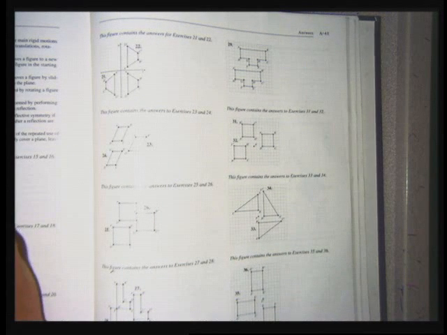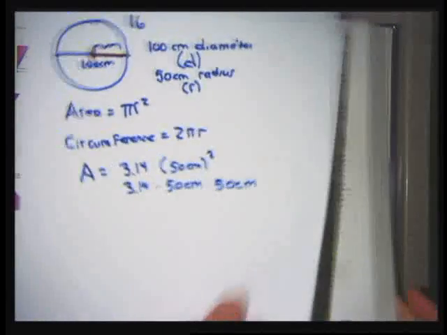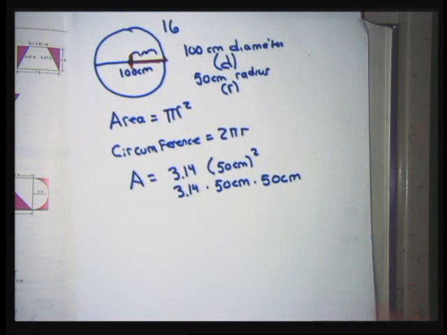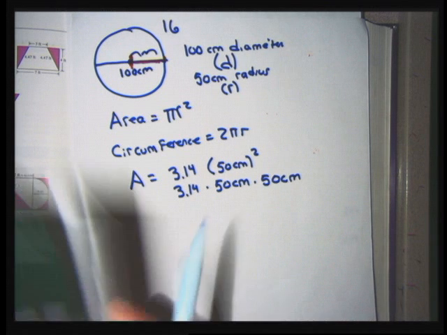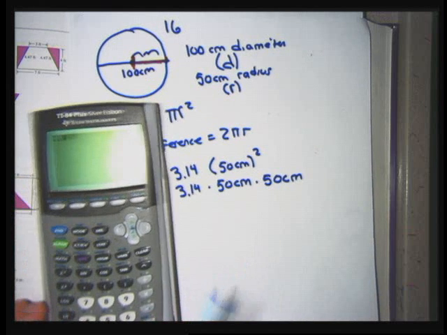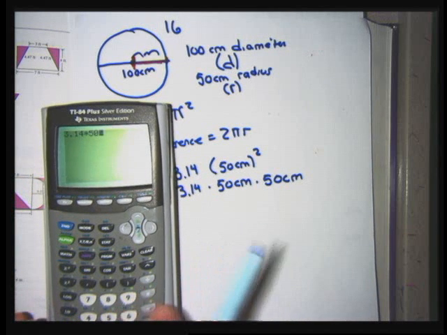When I look at the author's answers to problem 17, the author rounded to 2 decimals, so I'm going to round to 2 decimals. So I think using 3.14 for pi is going to be perfect, and I'm going to take my answer and round it to 2 decimals. The author didn't say in the instructions to round to 2 decimals, but I'm just defaulting to that because I peeked at the answer for the odd problem that's right next to this in the back of the book.